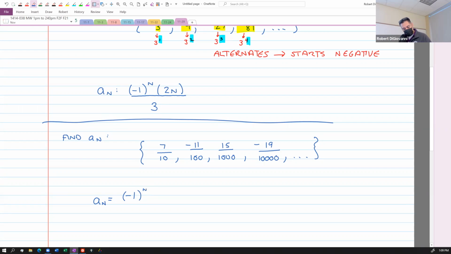So let me try n, I'll do -1 since you said -1. N minus 1. Think about what happens. If you plug in 1, 1 minus 1 is 0. And -1 to the 0 is 1, right? Because anything to the 0 is 1. If I plug in 2, I get 2 take away 1, that's 1. -1 to the first power, that's negative.